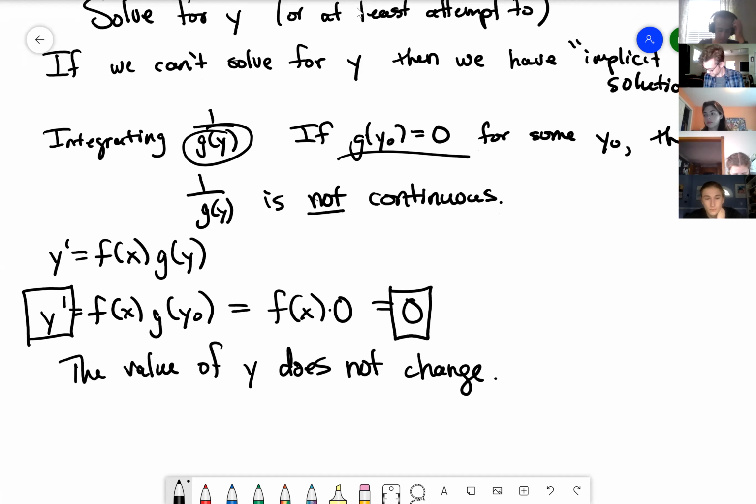In other words, y of x is equal to some constant.